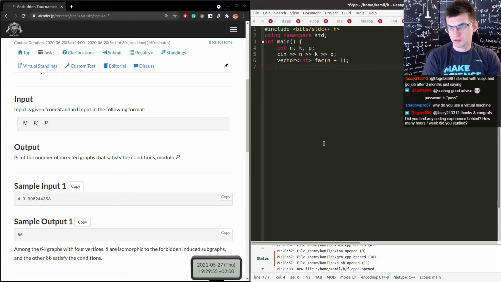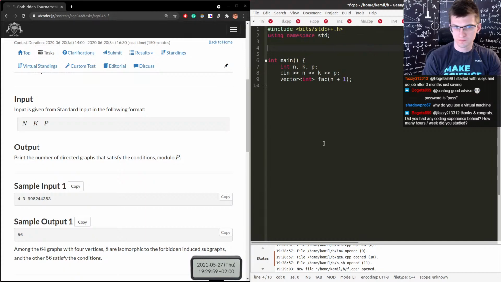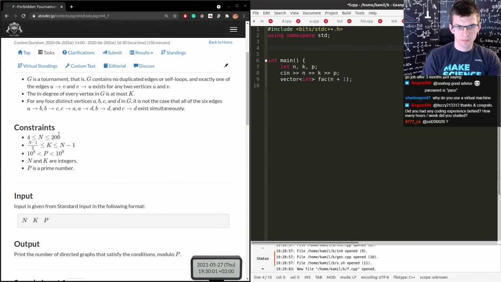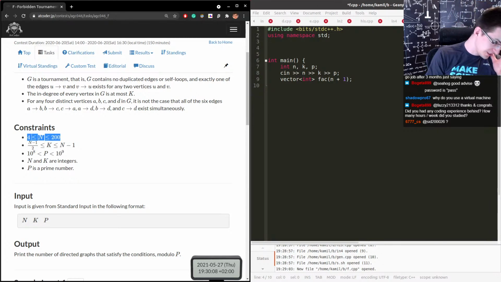Well, I will need that. N is very small. Why is n very small? Oh no. If n is very small, it means that the remaining problem is difficult, because for now I have a linear solution, and this will be quadratic.